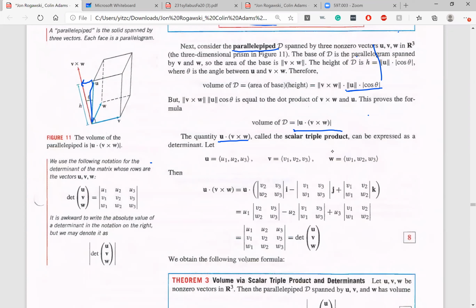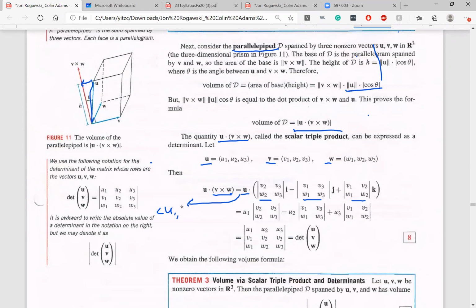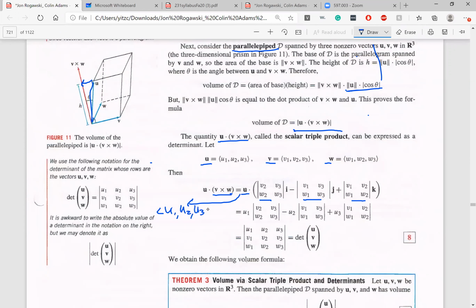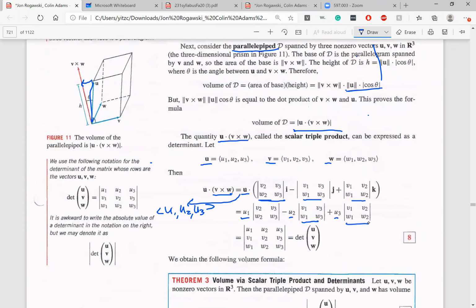And the reason is, if you have this is your U, this is your V, and this is your W, then U dotted with V cross W is the same as U dotted with, opening it up using the formula for the cross product. This U has components u1, u2, u3. So when we dot it, we get u1 times this minus u2 times this plus u3 times that.